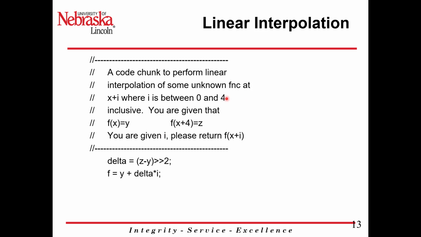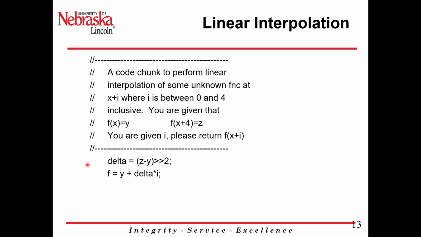Here's essentially a chunk of C code that would perform that linear interpolation. We're going to call it function, where x plus I, where I is between 0 and 4 inclusively, we're given that f of x is y and f of x plus 4 is z. You're given I, and you're going to return f of x plus I, essentially that graph we're looking at.